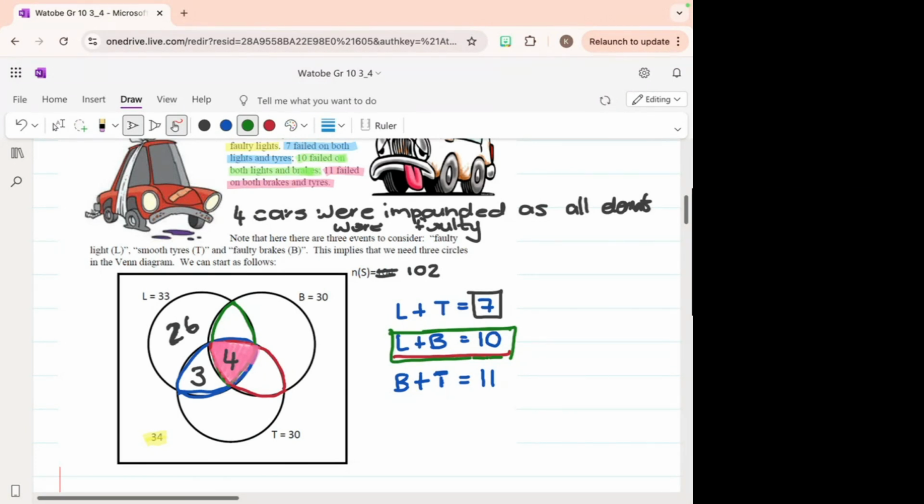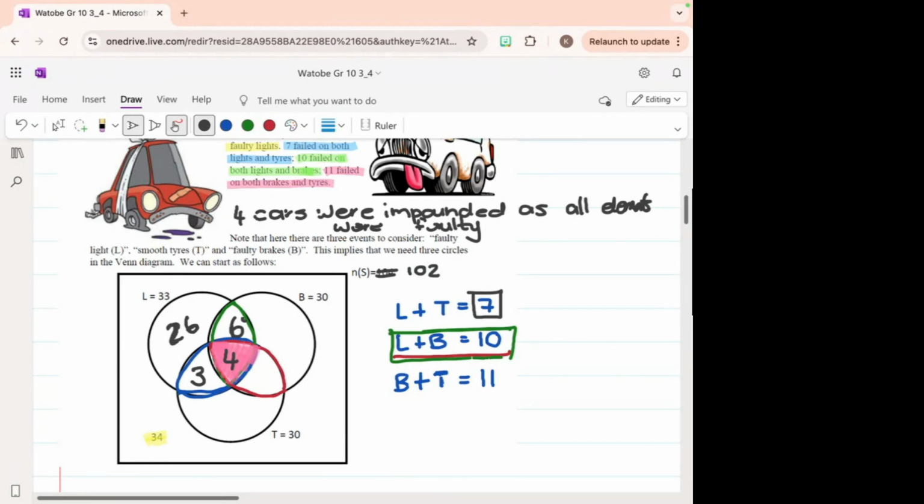We already know that lights plus brakes plus tires gives me 4. So how am I going to work out what's left in this little green bit? 4 plus what gives me 10? Nice. 6. Thank you. It's so nice to hear voices as well. 6. Cool. All right.